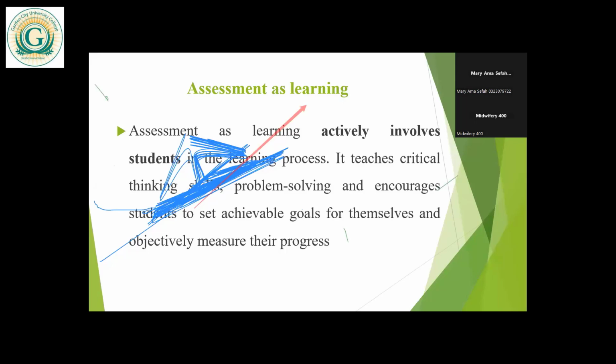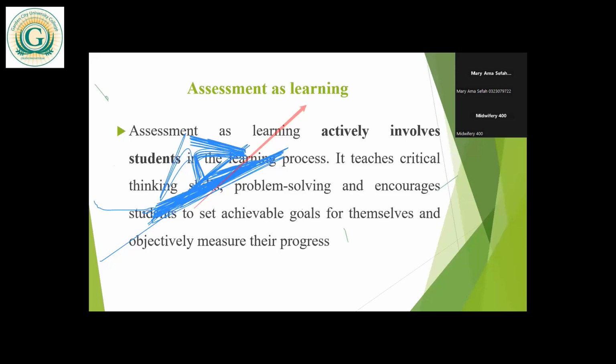If I give the discussion questions and I have not taught you that topic, but I say, do the question, write your answers and present to me, it is a form of assessment which I've used as a form of teaching as well.